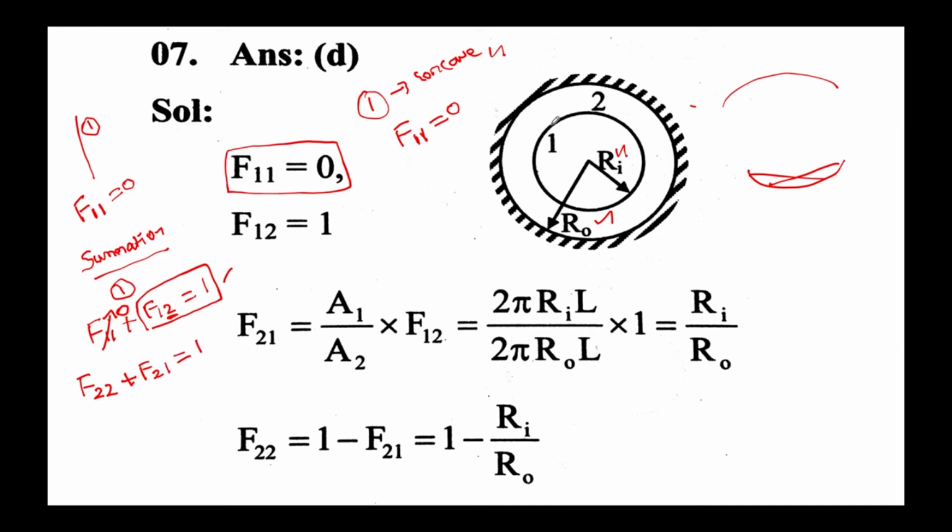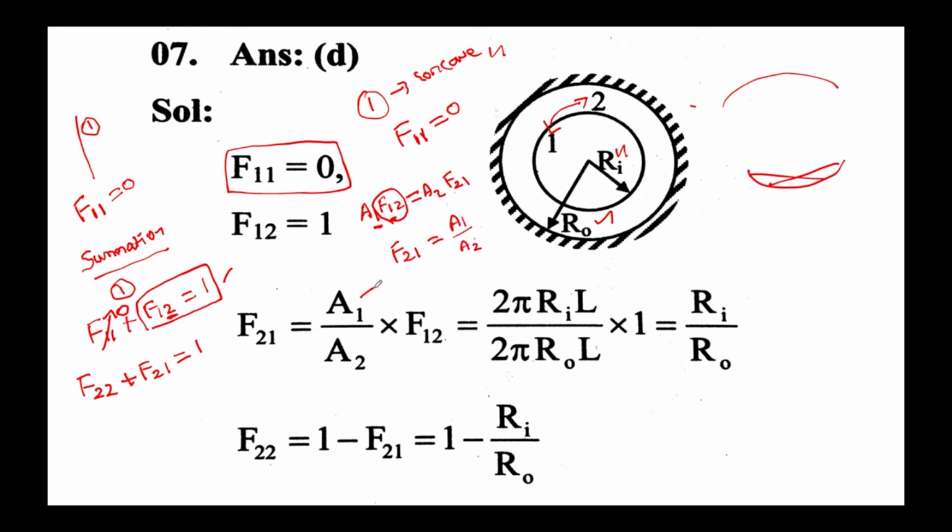Now, in order to connect the first surface with the second surface, we always apply the reciprocal theorem, which states that A1 F12, looking at the subscripts, is equal to A2 F21, right? Now you already know that F12 is 1, right? So if you want to find F21, it should simply be equal to A1 by A2, right?